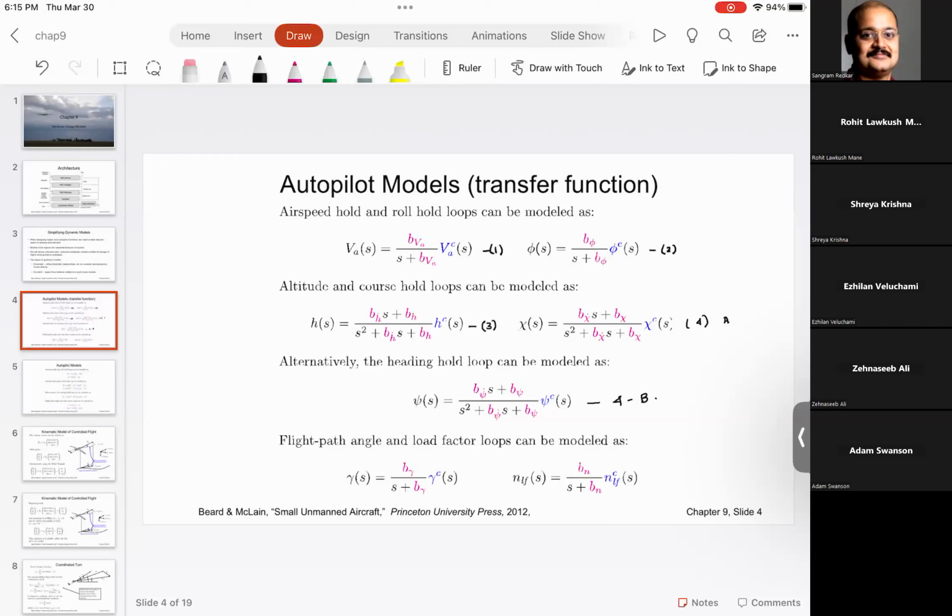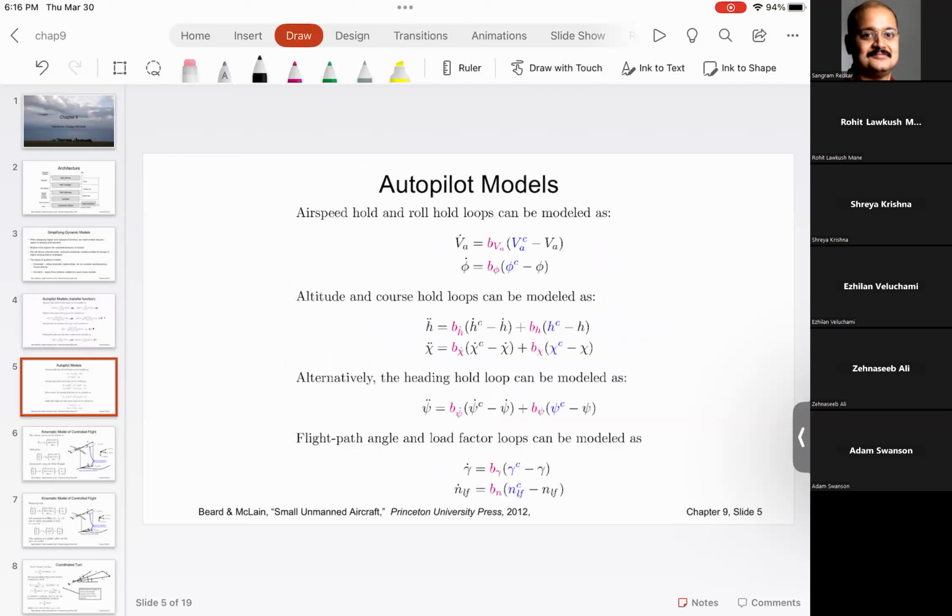Then you have the fifth equation, which is on the flight path. And the sixth equation is on the load factor. This load factor is nothing but the thrust equation, which gives you some equations to be implemented in the autopilot. Now, some of you may ask, is there any other way to implement the autopilot?